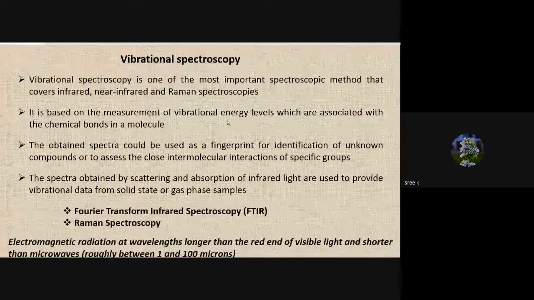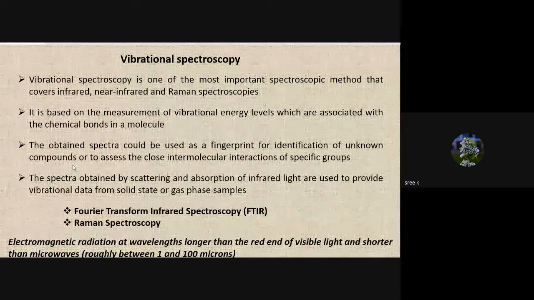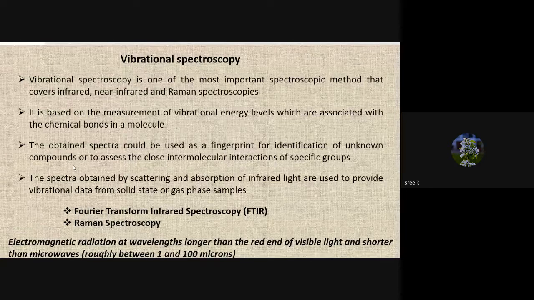It is based on the measurement of vibrational energy associated with the chemical bonds in a molecule. The material spectra can be used as a fingerprint for identification of unknown compounds. So once you know the vibration spectra, you can understand that a particular bonding exists, or the bonding between two molecules exists, and you can find out that a particular compound is present.